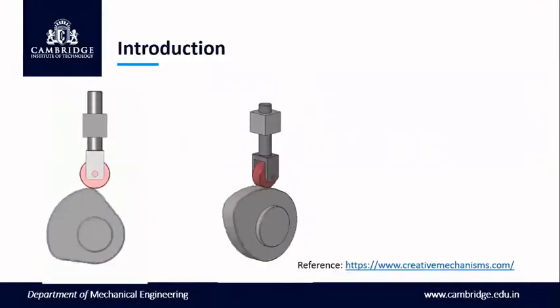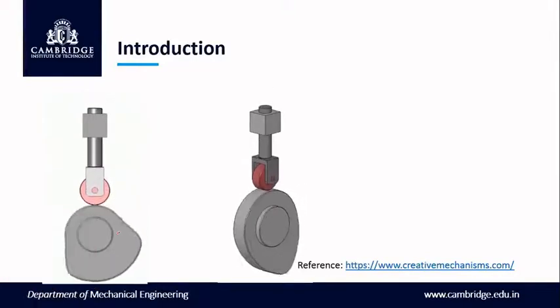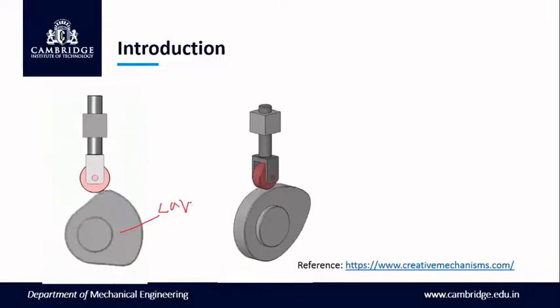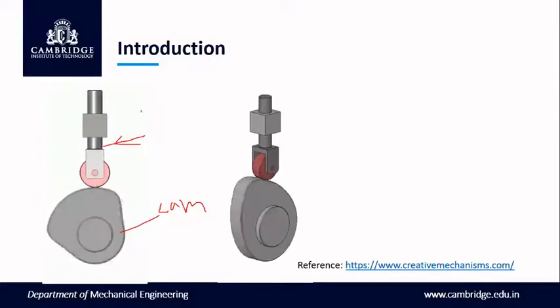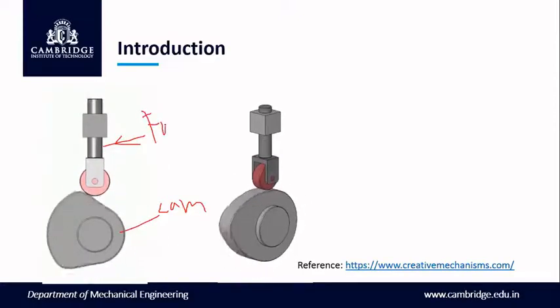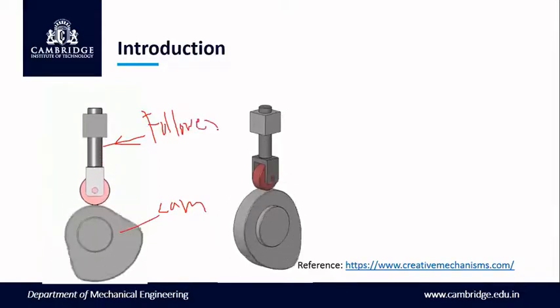So this is the animation of cam and follower. The bottom part is called the cam, whereas the top part is considered the follower. The cam is mounted on a shaft.